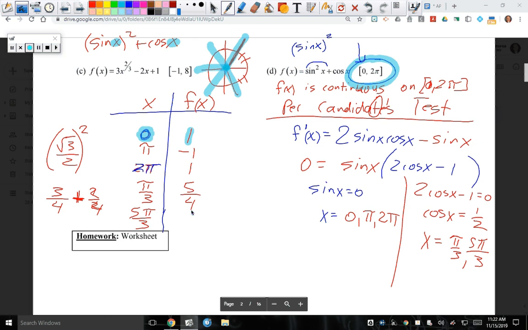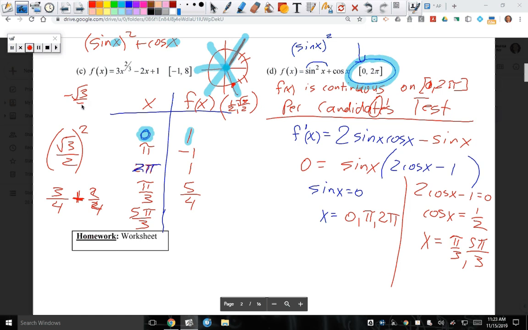5 pi over 3 is here. Same points, so 3, 2, 1, 3, 2, 1, all over 2, negative square at the top. If you didn't understand that, no worries. So I just need to make this a positive x. What is the sine at 5 pi over 3? Negative root 3 over 2.